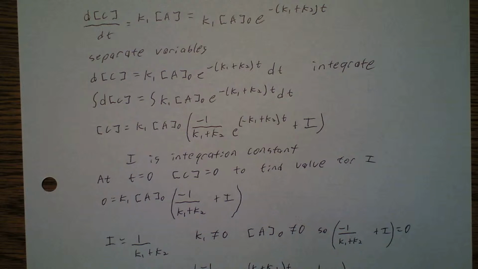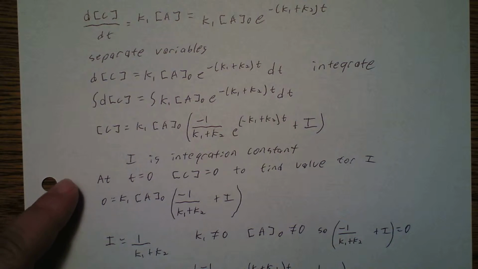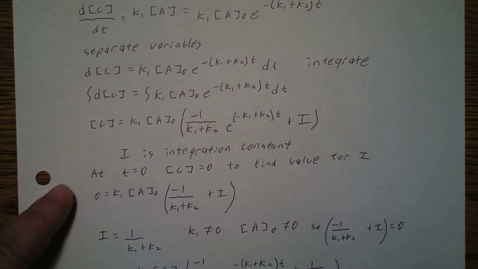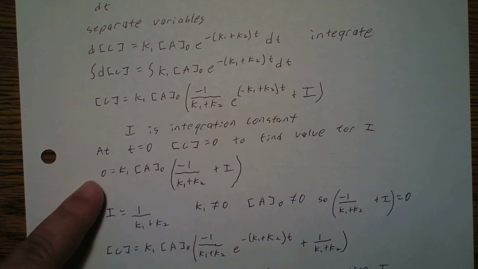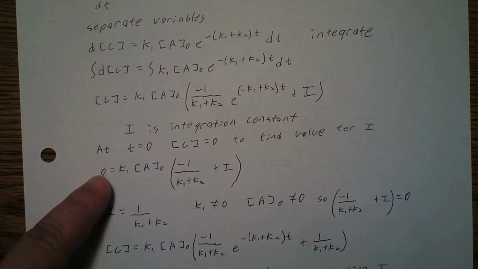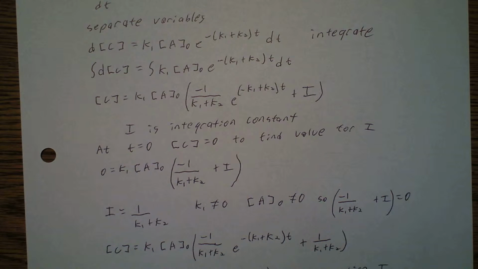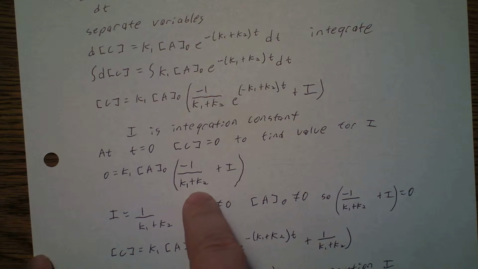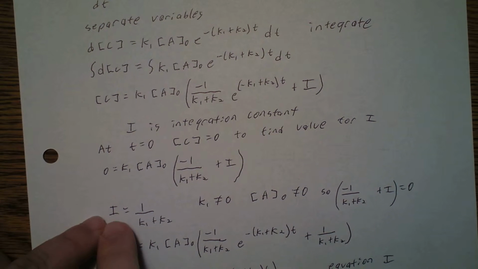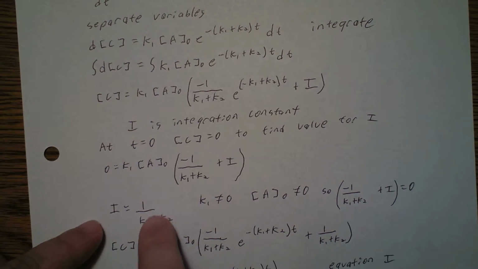We're saying we're going to start out with only the reactant A, not the product C. So that's how we find the value for the integration constant I. We set that equal to 0, and we get 0 equal to K1 times the initial concentration of A times this whole quantity here, minus 1 over (K1 plus K2) plus I. So solving for I, we just get 1 over (K1 plus K2).